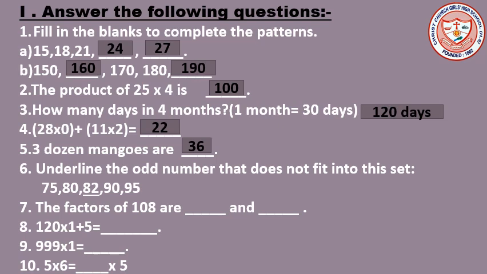The set is 75, 80, 82, 90, 95. So what will be the answer here? Which one is odd? Yes, here 82 will be the odd number. Okay.